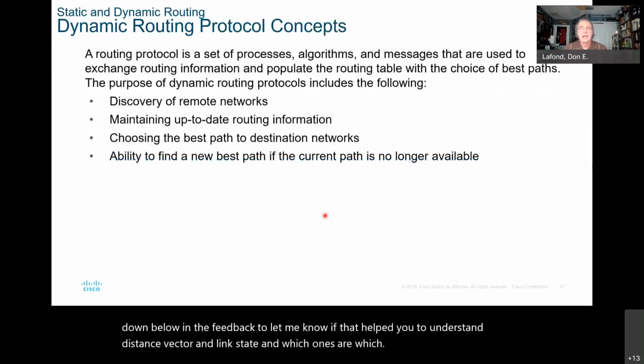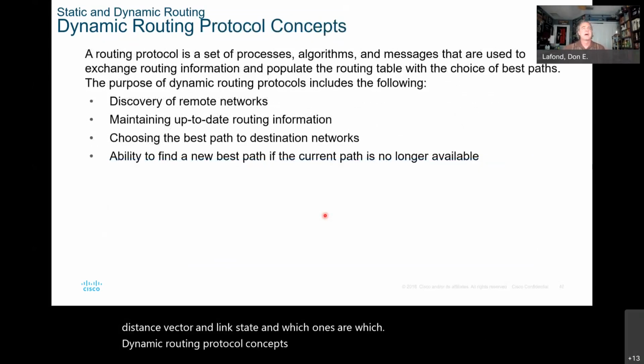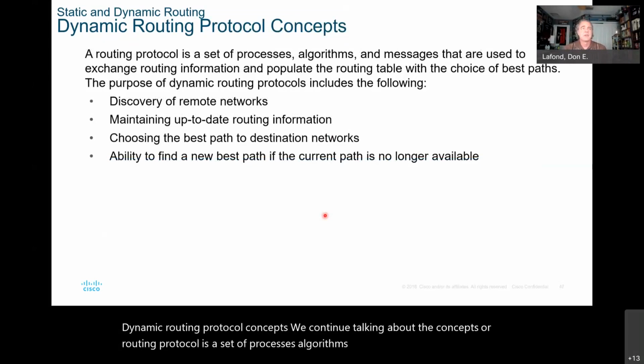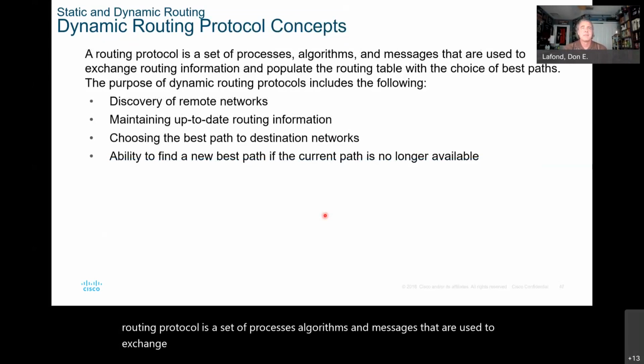Dynamic routing protocol concepts. We continue talking about the concepts. A routing protocol is a set of processes, algorithms, and messages that are used to exchange routing information and populate the routing table with the choice of best paths.